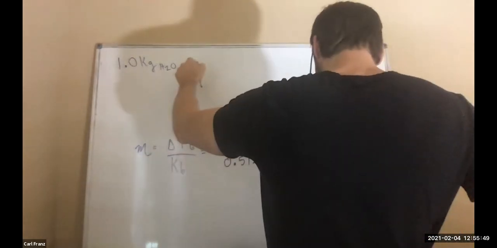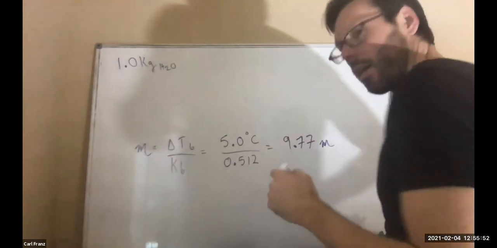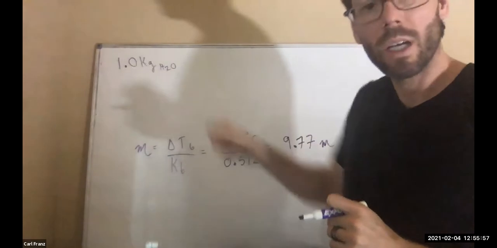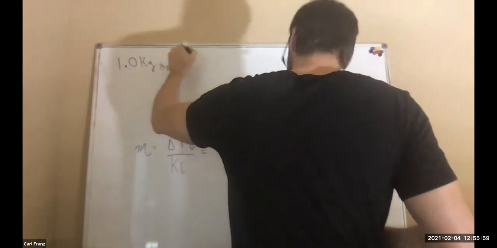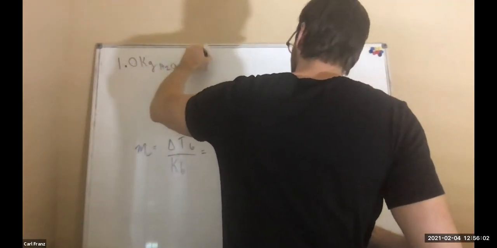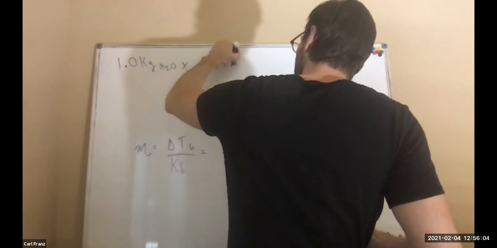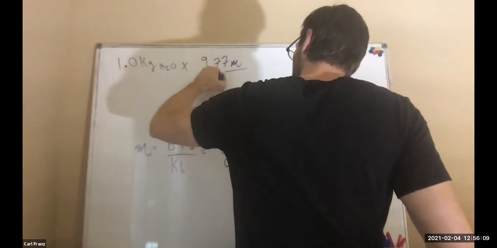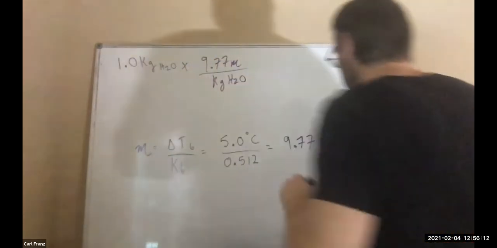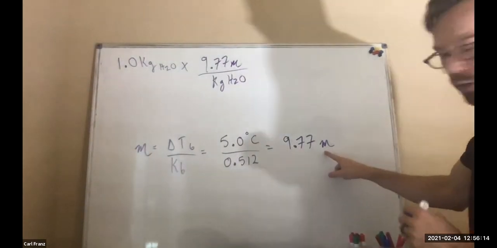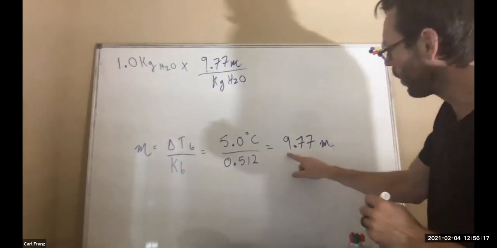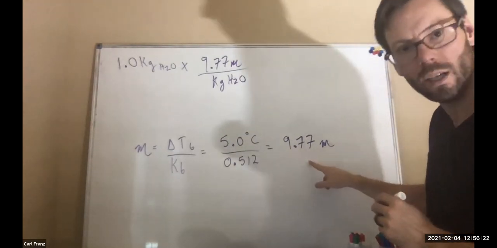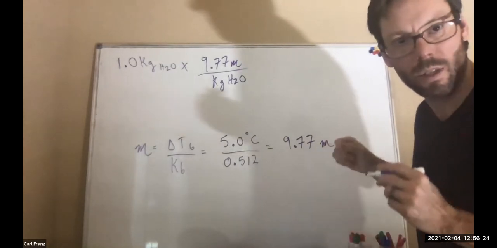It's the relationship of moles and kilograms, okay? So if we have 1.0 kilograms, we can multiply that by a conversion factor of our molality, 9.77 over 1 kilogram of H2O, okay? Because molality is 9.77 moles over 1 kilogram of that substance, in this case, water.